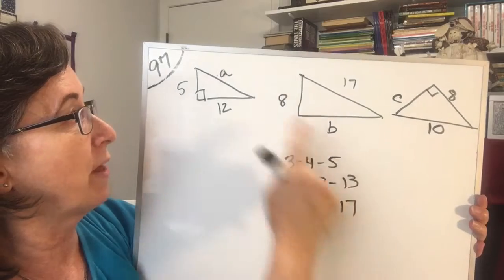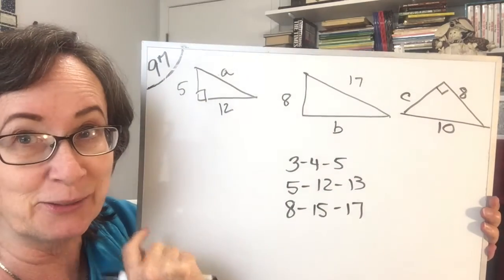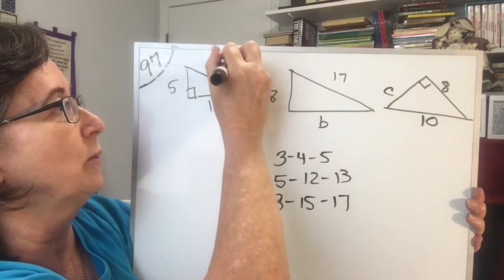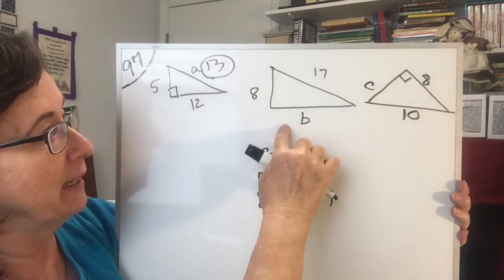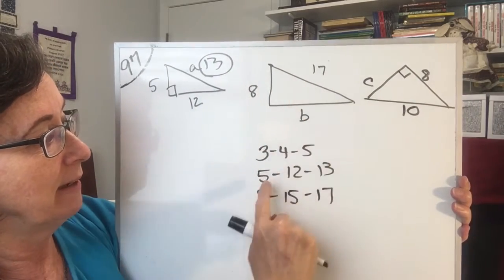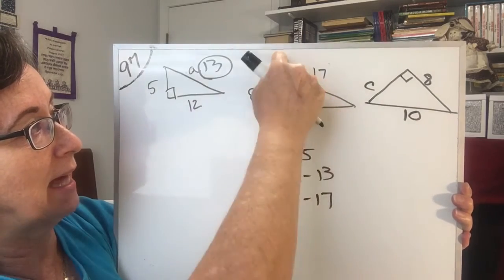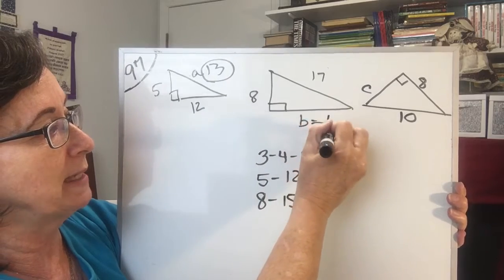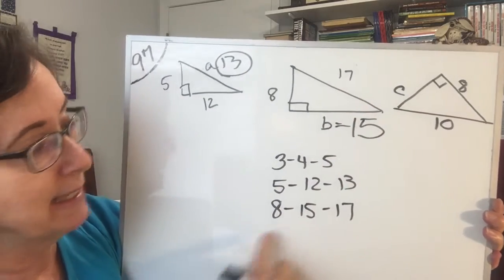We have to make sure the 13 is actually on the hypotenuse for us to be able to use it. It is, and so we will know that that one is 13. On this one, we have 8, 15, 17. 17 is the hypotenuse, so the B must be 15 for it to fit, and it does.